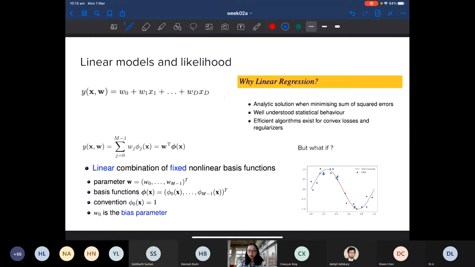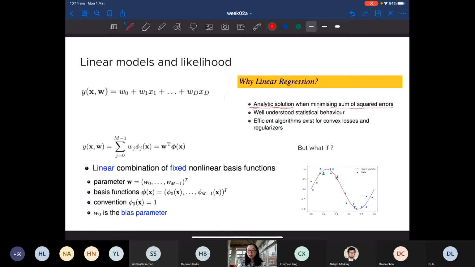Basically, if the goal is to minimize sum of squared error, then we have analytic solutions. Analytic solutions are good for computation or for understanding, right? The statistical behavior of linear models can also be understood and analyzed in detail, as we will see in bias-variance decomposition, which we won't be able to do in many other models.